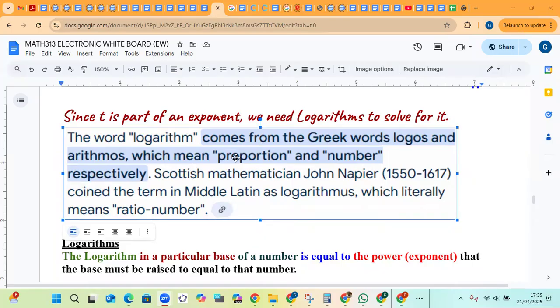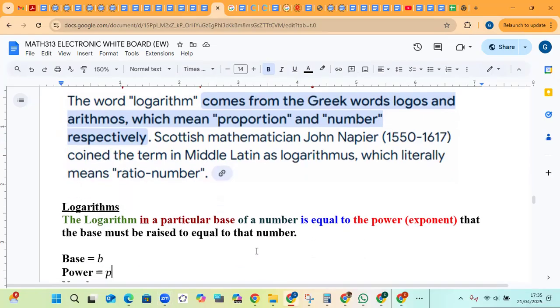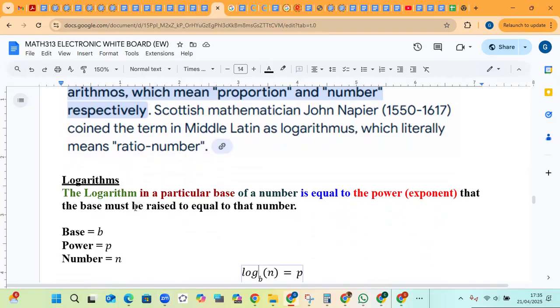The Scottish mathematician John Napier, 1550 to 1617, coined the term in Middle Latin as logarithmus, which literally means ratio number.